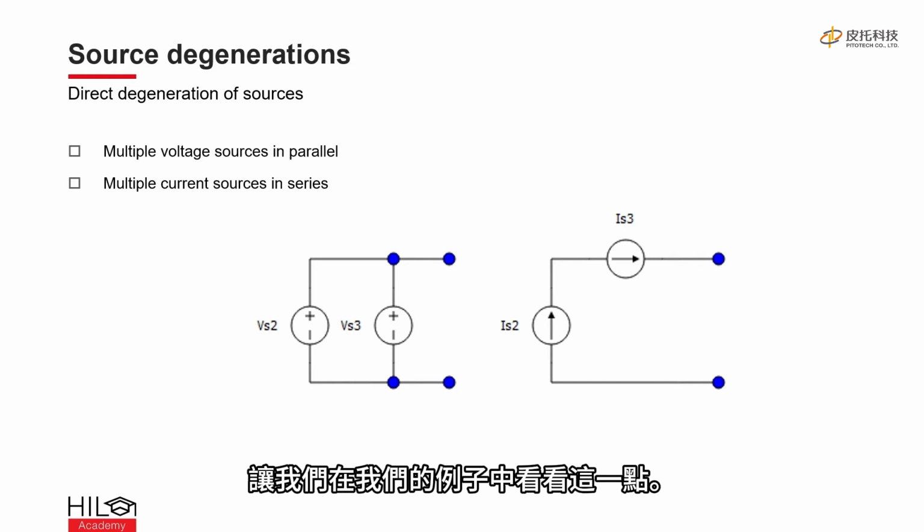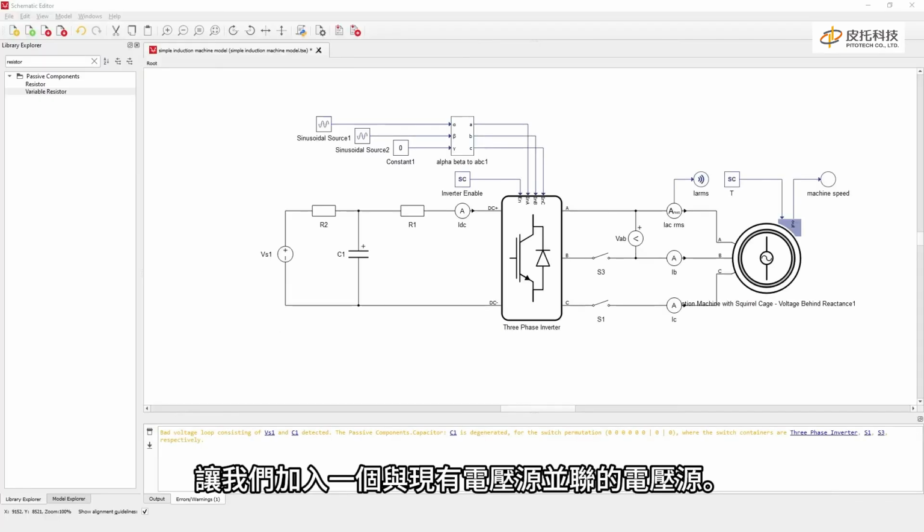Let's see this in our example. Let's add a voltage source in parallel with the already existing voltage source.